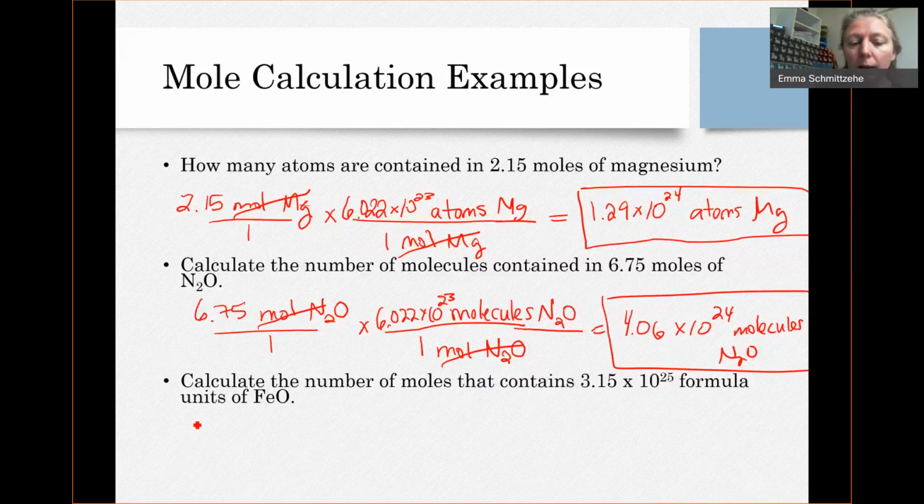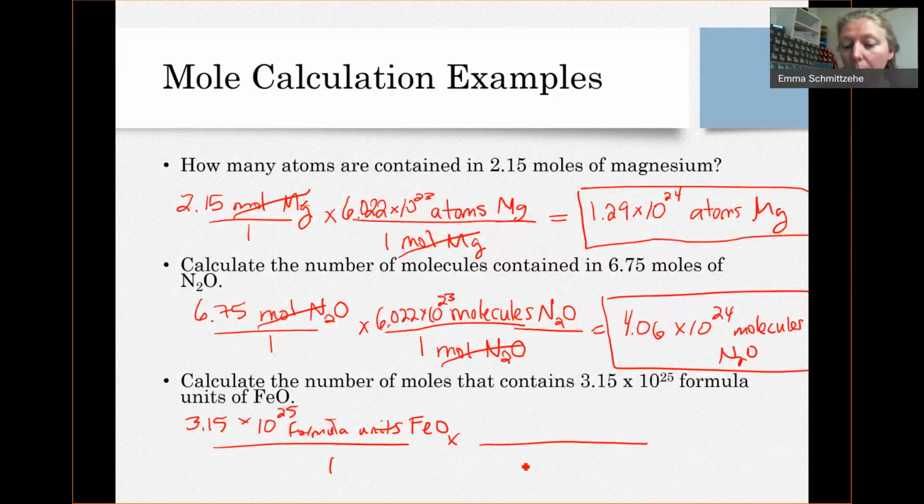So I'm going to start with that, the 3.15 times 10 to the 25th formula units. And again, there's not really an abbreviation for this either. And so I want to cancel the formula units.